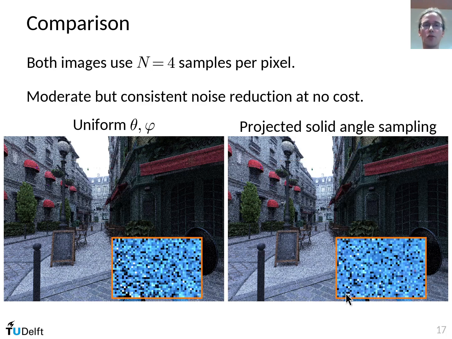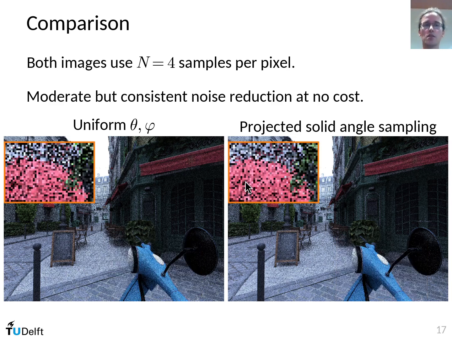So admittedly, this is not a huge improvement, but it's a fairly consistent improvement, and the projected solid angle sampling is not more expensive than what we did last week. So we have no additional cost, but a higher quality, which is of course nice.